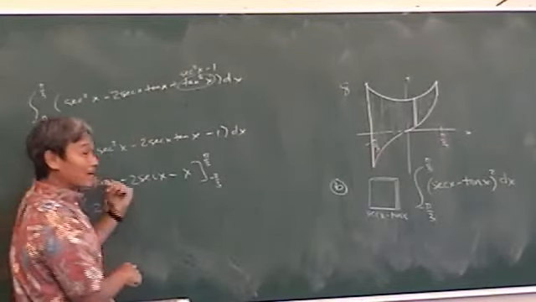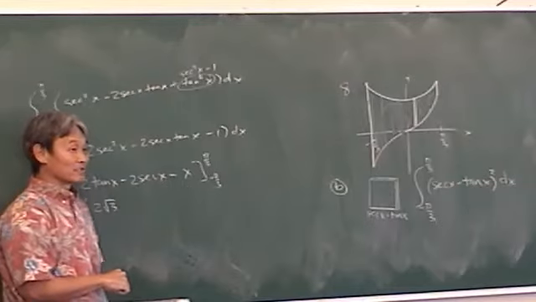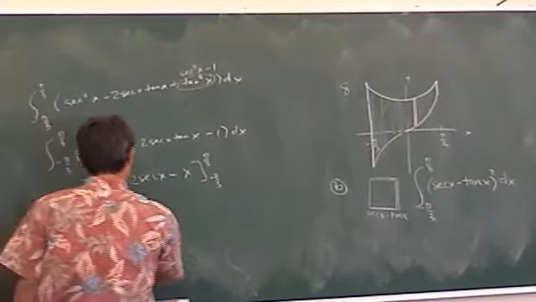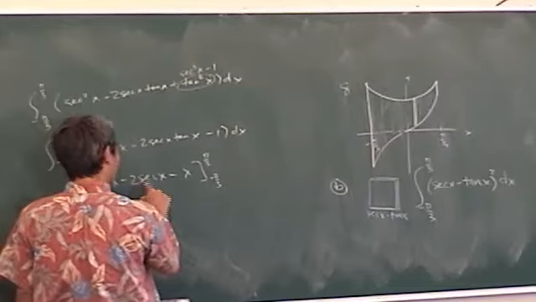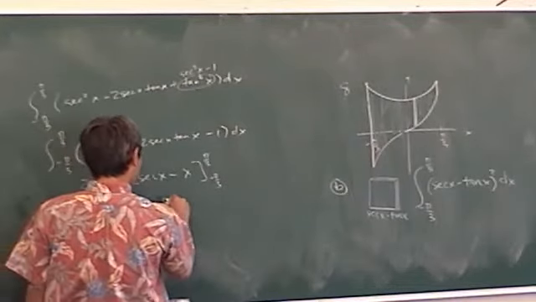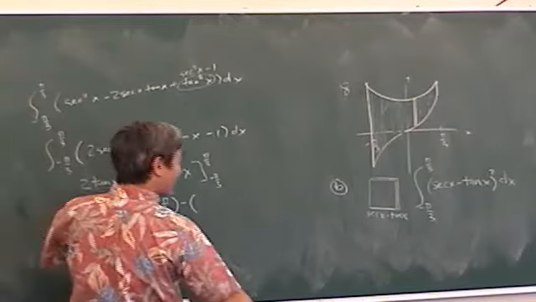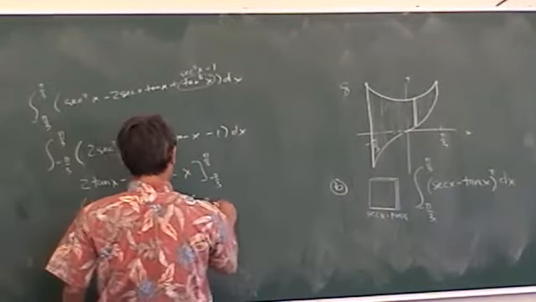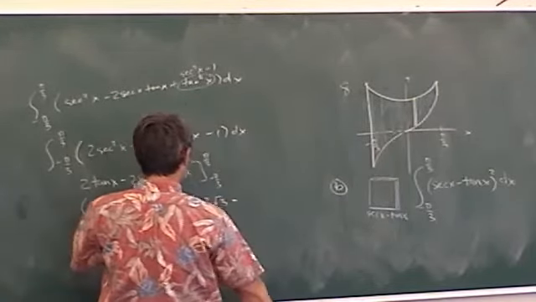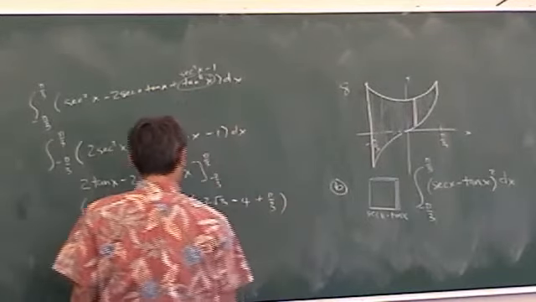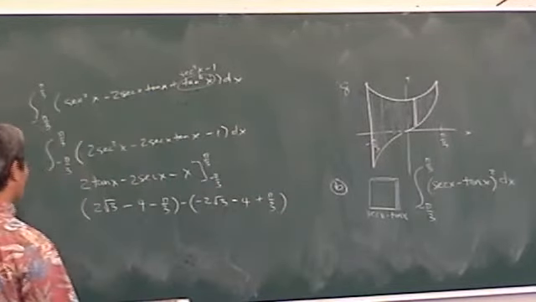You know what? I remember last year I put this exact same problem on the quiz. 2 people got it. Minus 2 times 2 is 4. Because you guys just copy, you don't even know what you're doing. Tangent of negative pi over 3 is negative root 3, so negative 2 root 3 minus 2 times 2, that's 4, plus pi over 3, and some things cancel out, yeah?